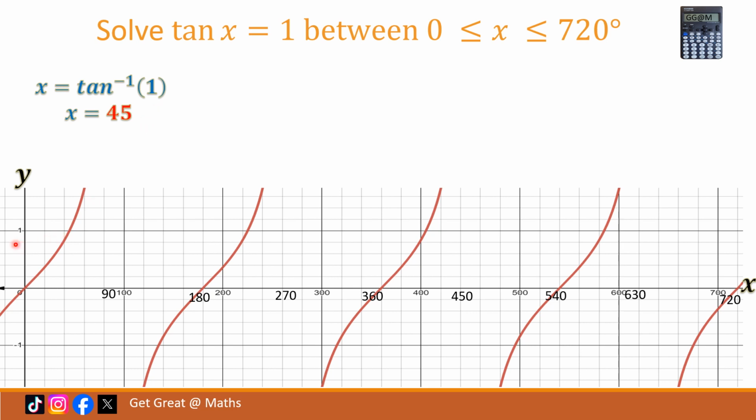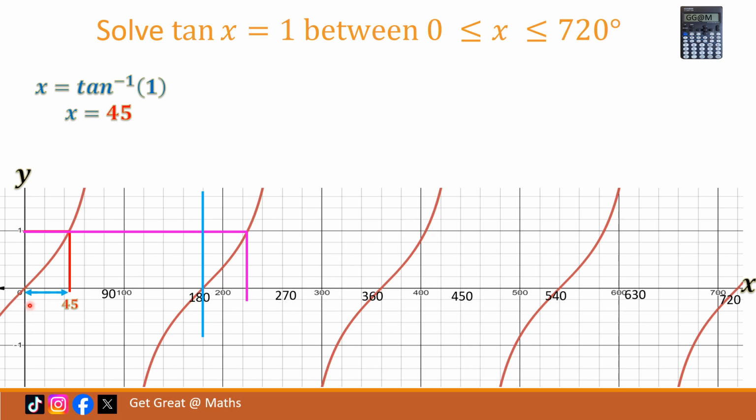What that means in relation to the graph is if you come across at the point 1, draw a line down, this angle here that we've just worked out is 45 degrees. To find the second angle, we need to extend this line across here, so this gives me my second angle. Draw a line down, this will take me to my second angle. Now I can draw a line in at 180, which is like the y-axis.